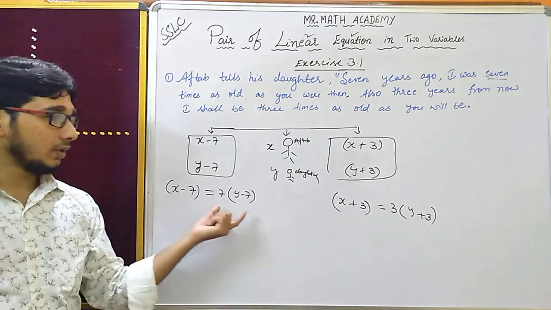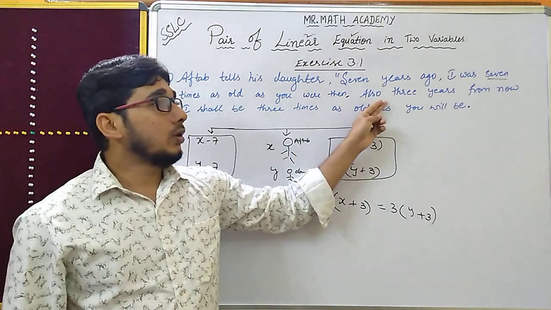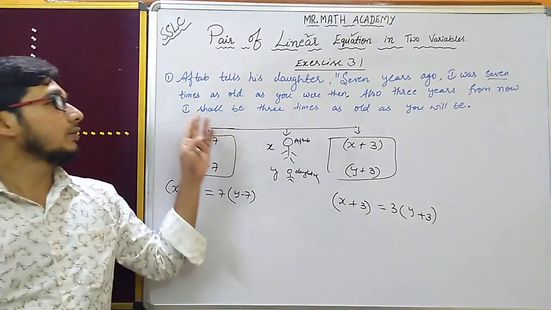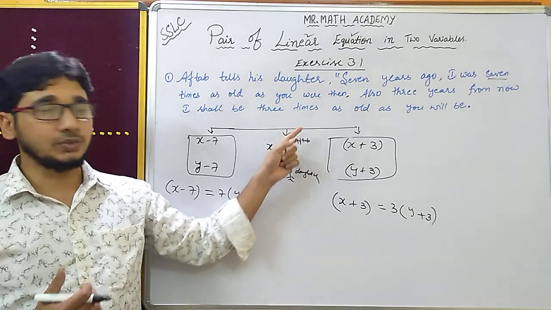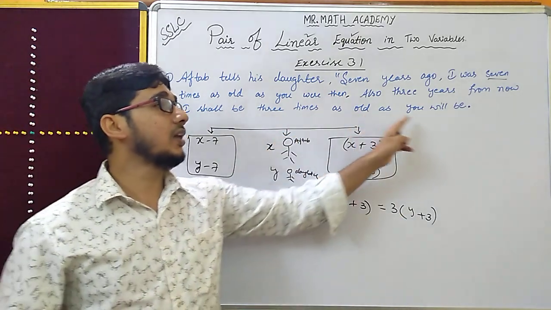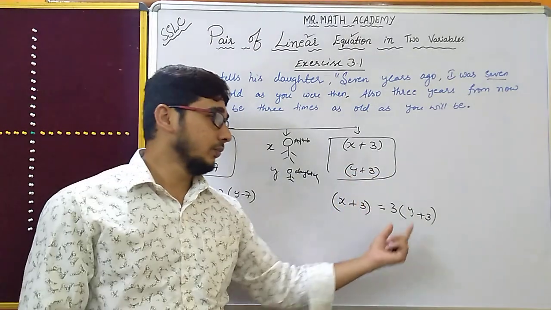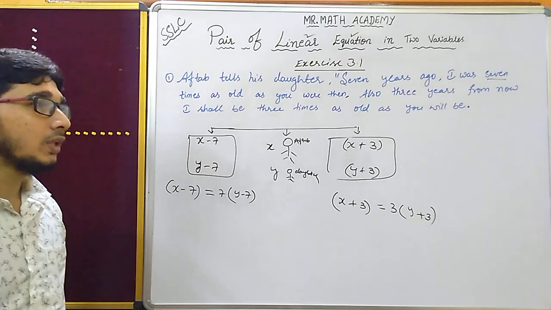So you got this equation. Also from 3 years from now, I shall be 3 times as old as you will be, her age after 3 years. So 3 times her age will become Aftab's age.